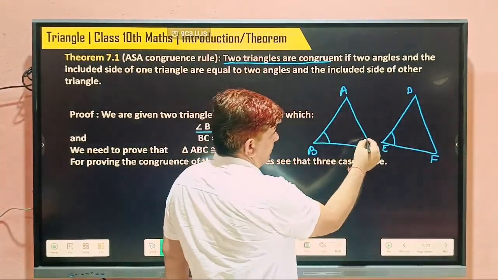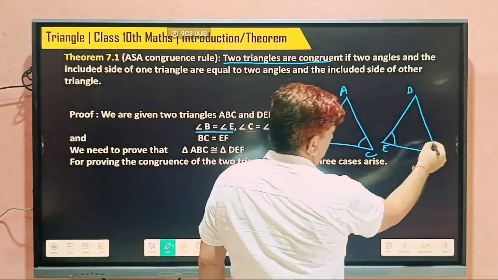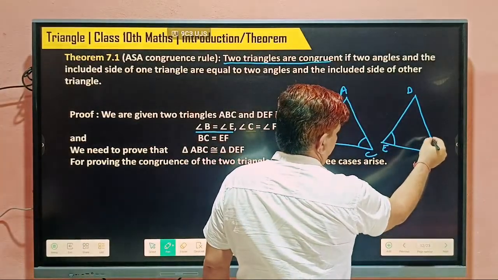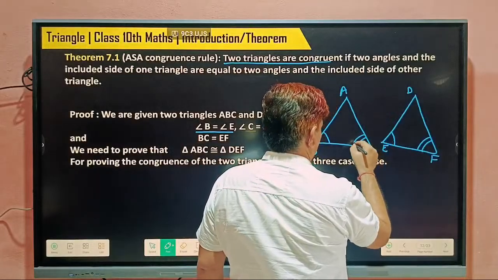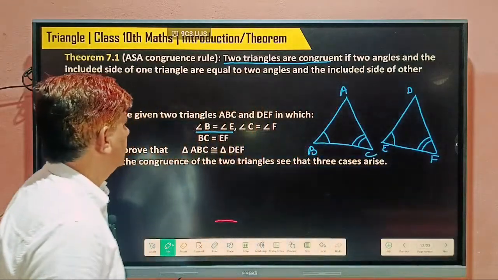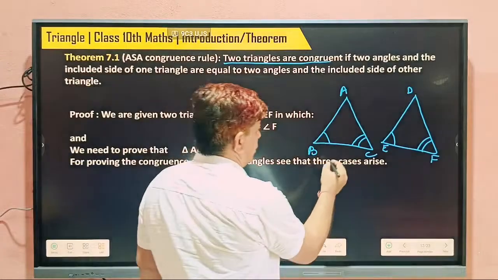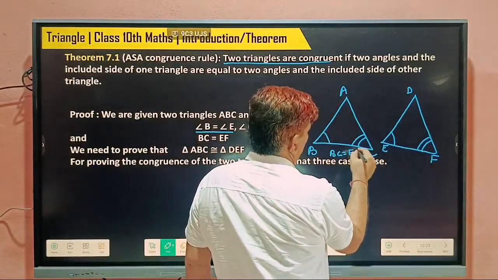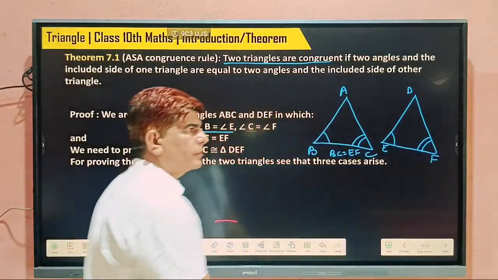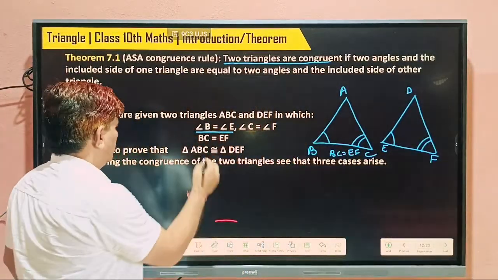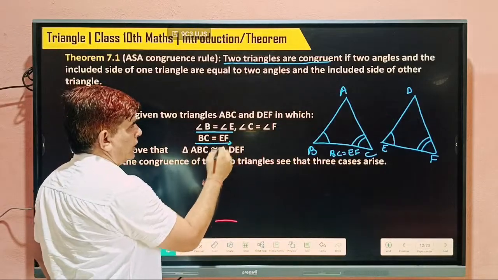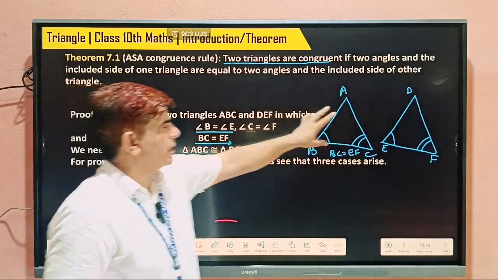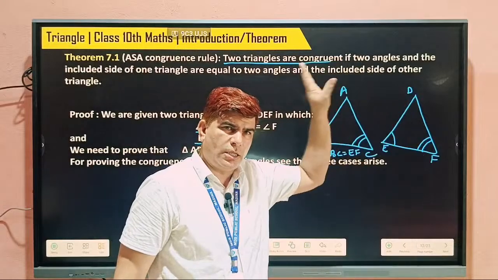This angle equals this angle. Understood? And what's given? BC equals EF. And what do we have to prove? This triangle is congruent to this triangle.